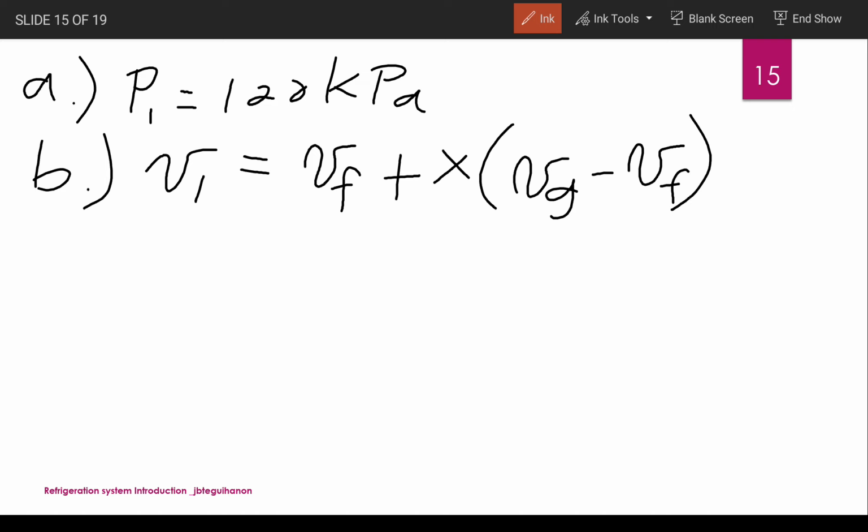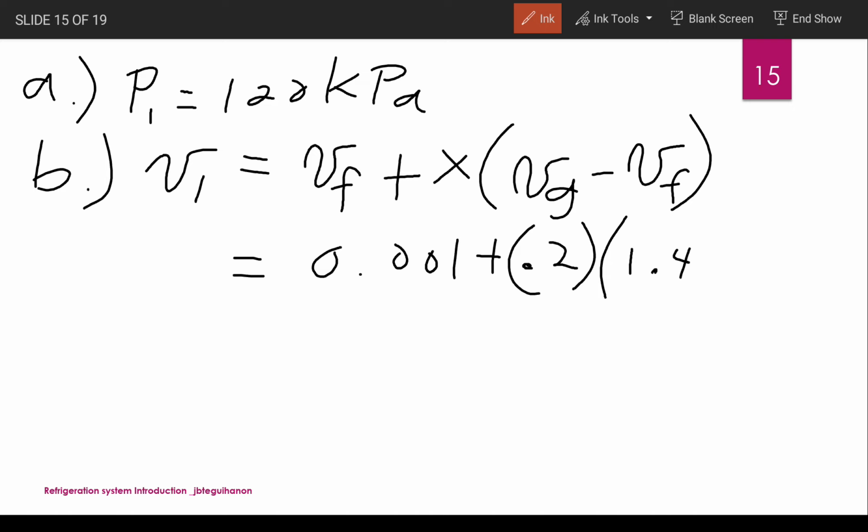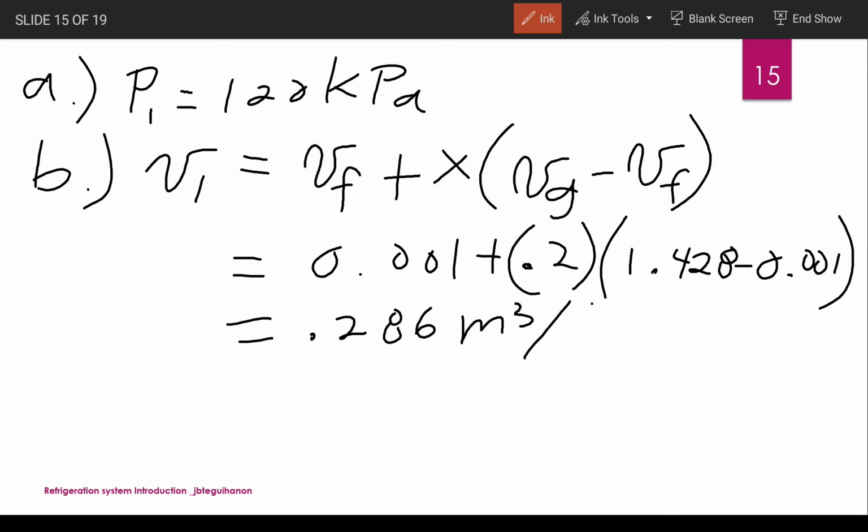Eventually we used the values from the table: 0.001 plus 0.2 times 1.428 minus 0.001, and you have 0.286 cubic meter per kilogram. Why per kilogram? Because that is specific volume.